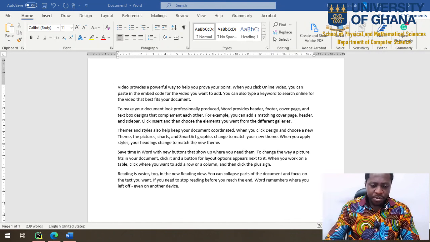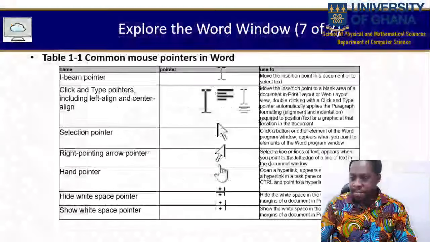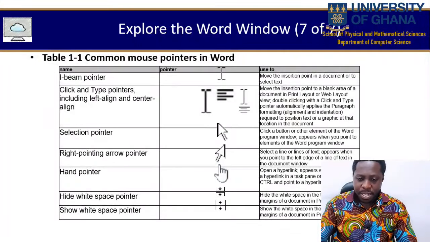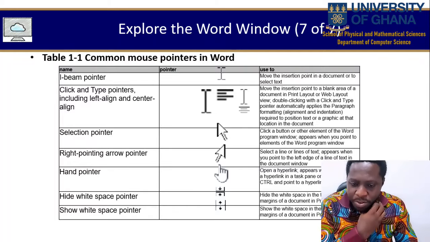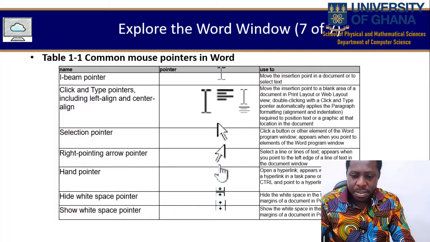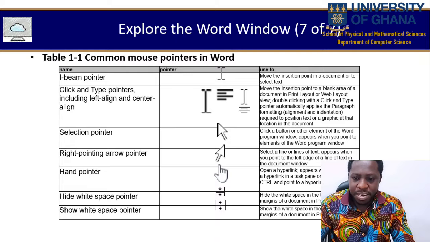Now, another thing that I would want to draw your attention to has to do with the common mouse pointers. I indicated the I-beam, right? The insertion point, the I-beam pointer: you see the vertical line with the crossbars at both ends, which is what we refer to as the I-beam.